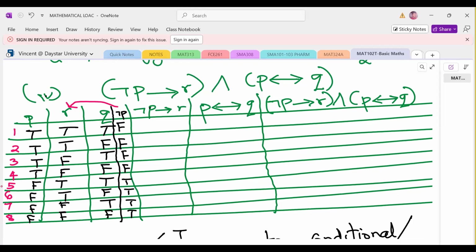Yes. You yourself have said correctly that because the arrow is moving from column not P, we look where there are T values in not P. And we have said it is from 5 to 8. Right? And then for us to have an F, we need to start with T and end with F.